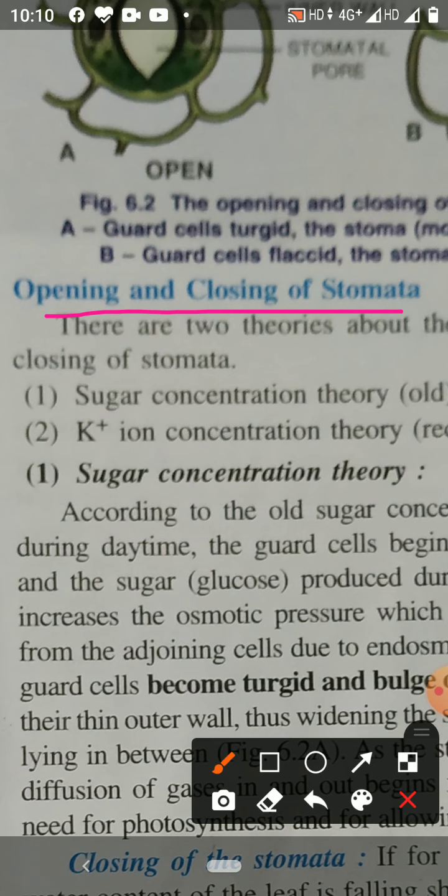There are two theories to explain the opening and closing of stomata. One is the old theory, that is sugar concentration theory. The other is the new, recent theory, that is potassium ion concentration theory. You have to study the opening and closing of stomata according to these two theories.